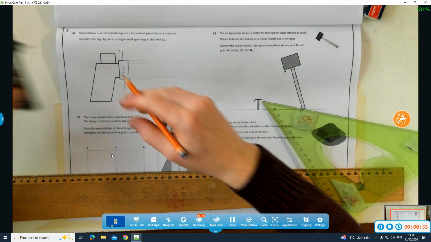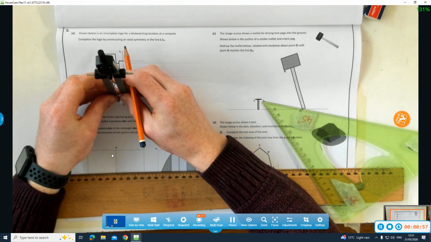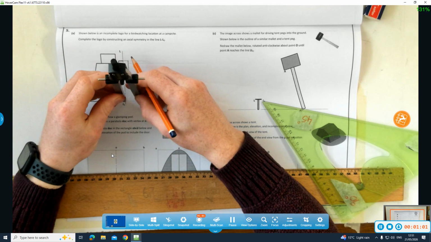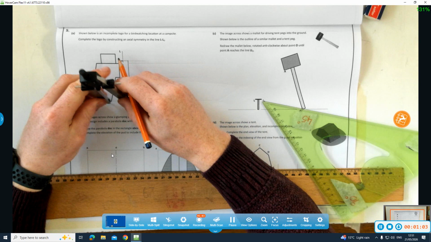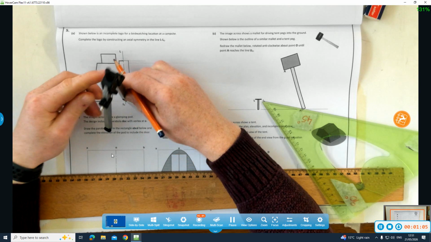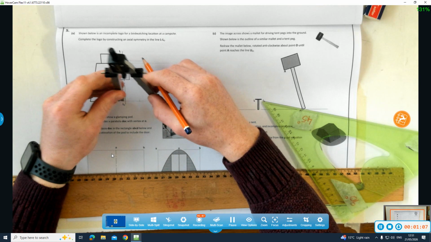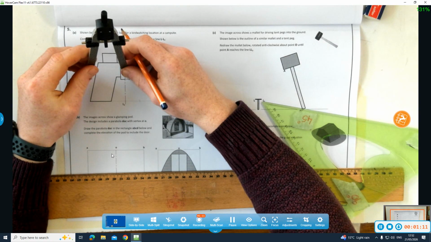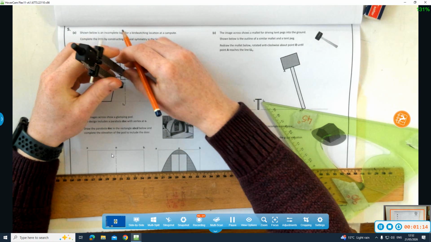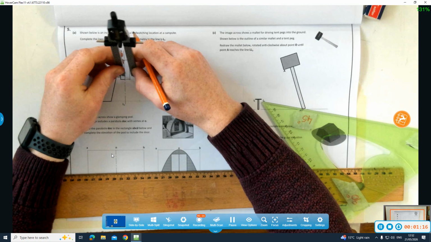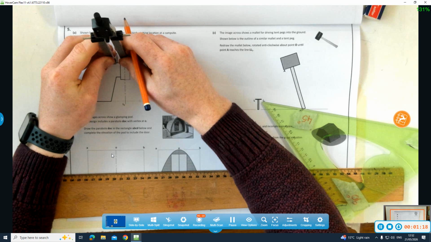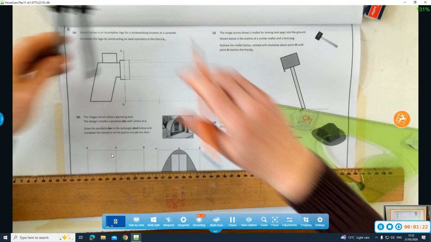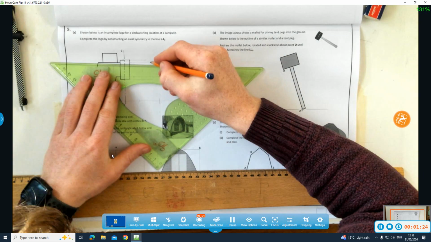Same thing now again, compass on that line L1, extend it to wherever the point is on the left and turn it and mark it on the right. So we can darken in there now what we know, so it's here to here.